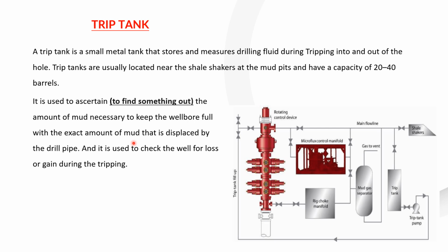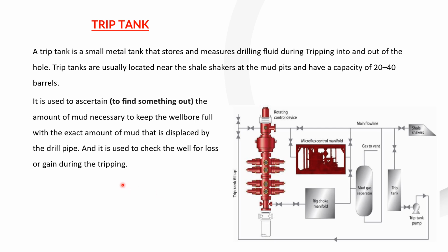So the exact amount of mud is filled by the trip tank to fill the hole, so that hydrostatic pressure can be maintained, and the well will be in a safe position. So this is the function of the trip tank.